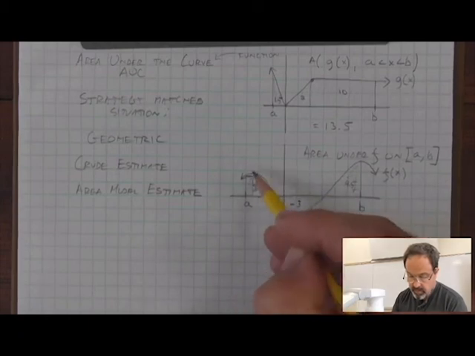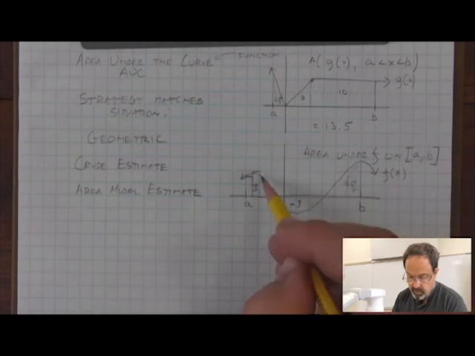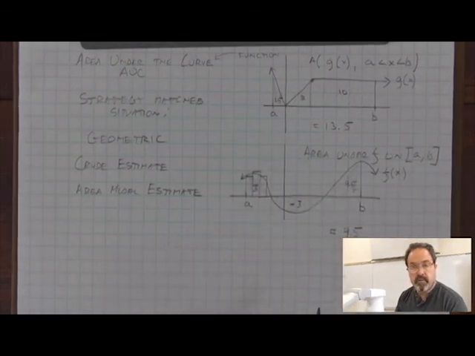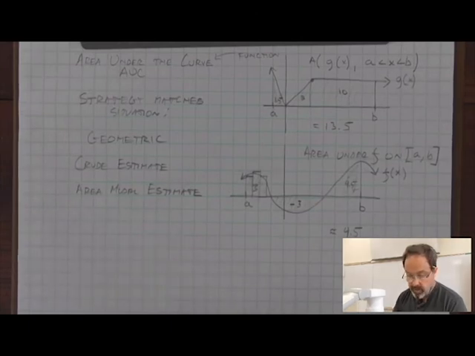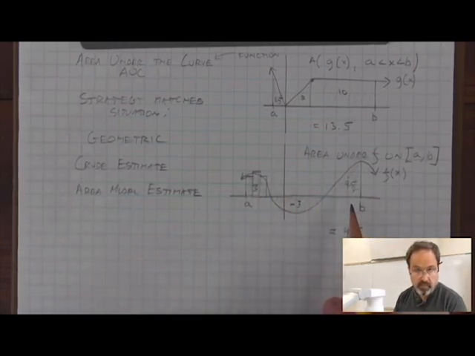If I use this strategy of function values being the heights of rectangles, then I can break up each region into rectangles, which I can find the exact area of. And if I add up all of the rectangles, I can approximate the total area under the curve.